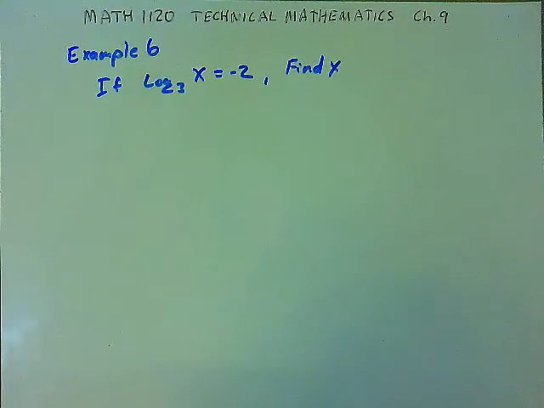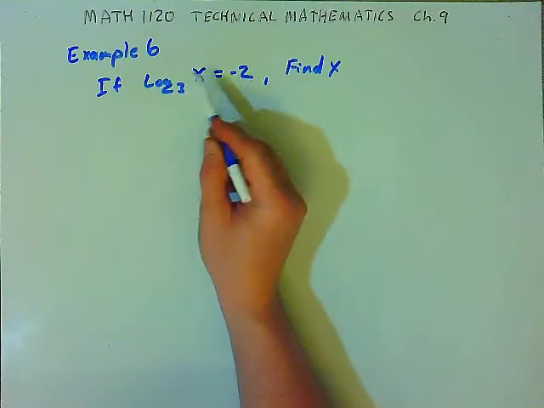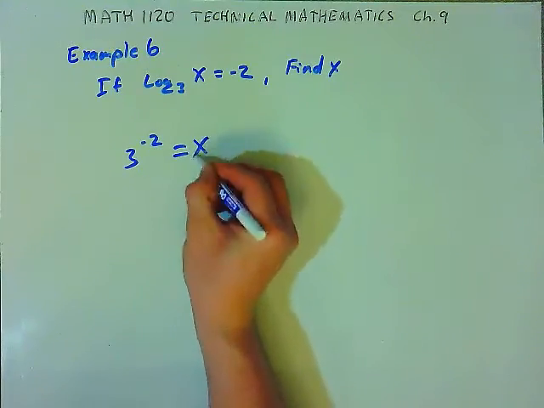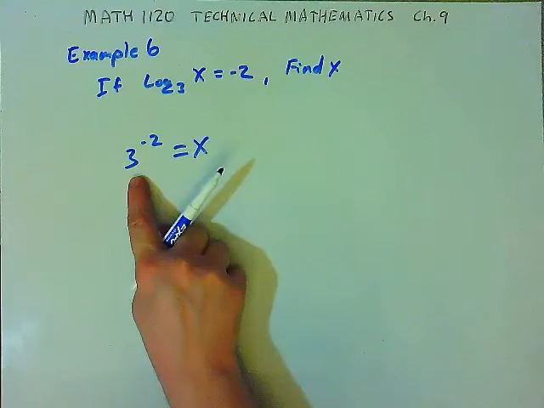Example 6 says if log base 3 of x is equal to -2, find the value of x. And again, this is going to be easiest if we first change this logarithmic function into an exponential function. And so the exponential equivalent says that 3 to the -2 power is equal to x. And so we can find x now because we just need to find 3 to the -2 power.